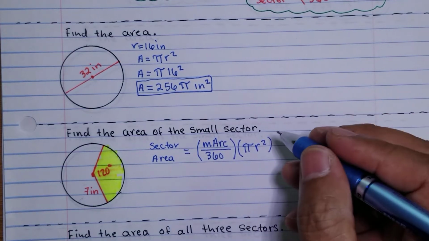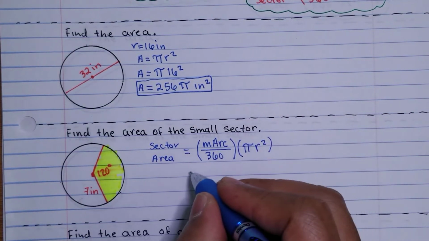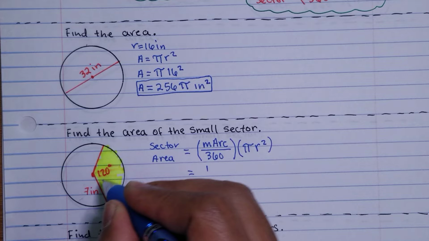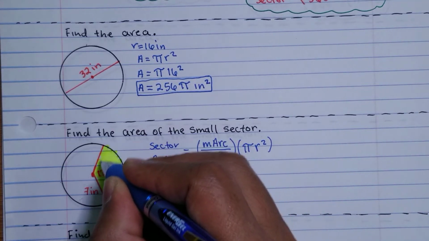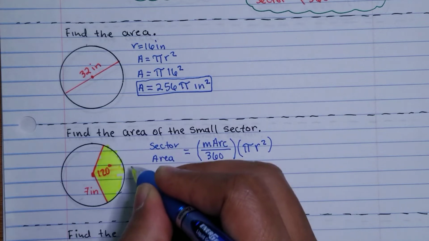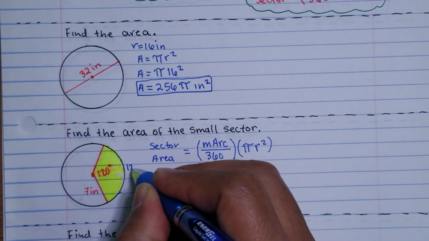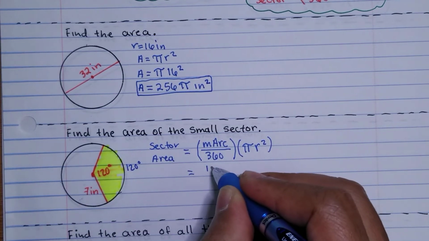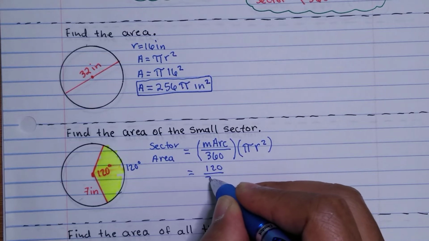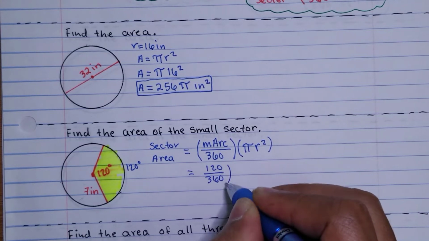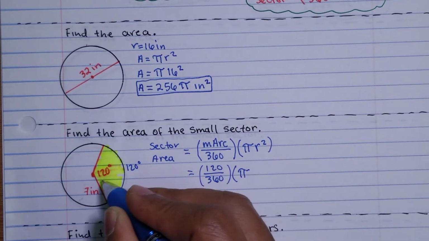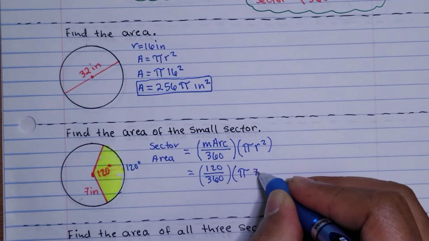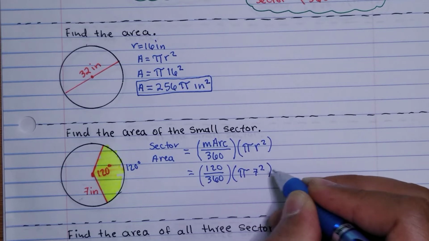So in this case, the arc is 120, because if this central angle is 120, don't forget the central angle and the intercepted arc by the two radii are equal. And so this is also 120. So 120, divide that by 360, and then multiply by pi times the radius. In this case it is 7 inches, so 7 squared.